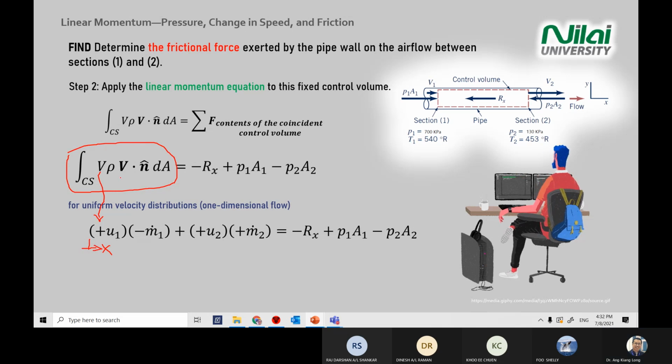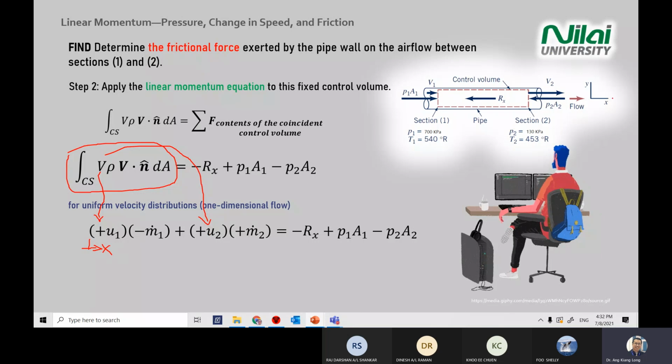Then the next one is the same. For your U2 component, you also get a positive sign because the velocity is coming out from the right hand side, so it's also positive because it goes along the x-axis.